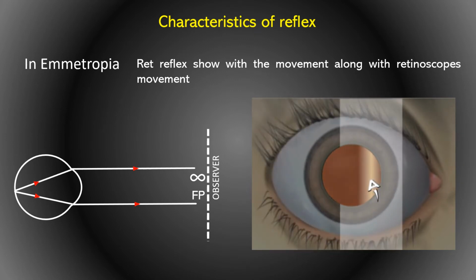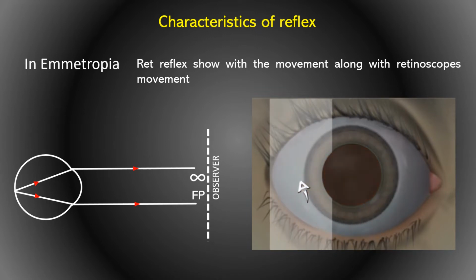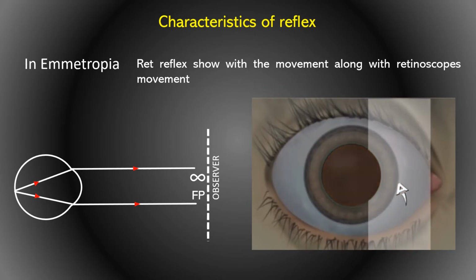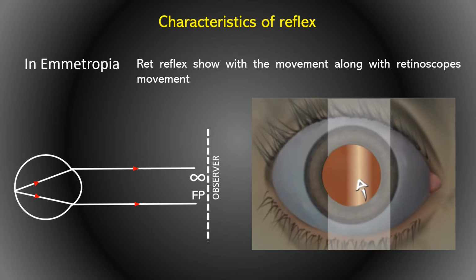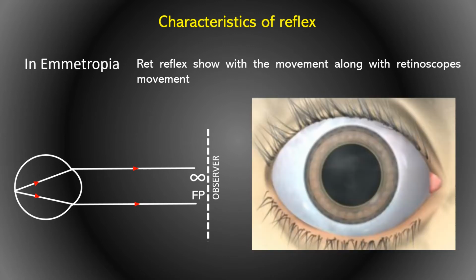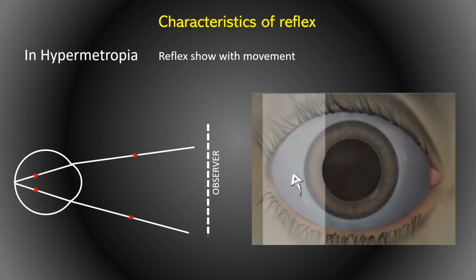And if you move the retinoscope to the left, then the red reflex will also move to the left. This kind of with movement of reflex you will see with the streak positioned in any orientation in case of emmetropia. In hypermetropia, the light rays emitted by the fundus are diverging and the reflex shows with movement as in emmetropia.